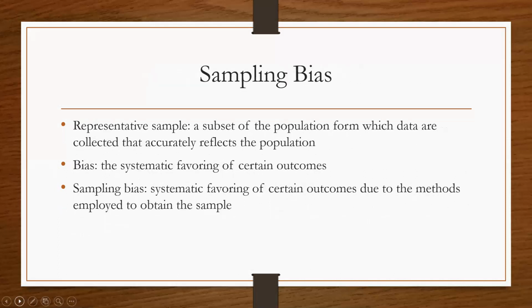Now, we have certain kinds of bias which can negatively affect the outcomes of our studies and experiments. A representative sample is something that you use to try and decrease this. It's a subset of the population that accurately reflects the actual population.